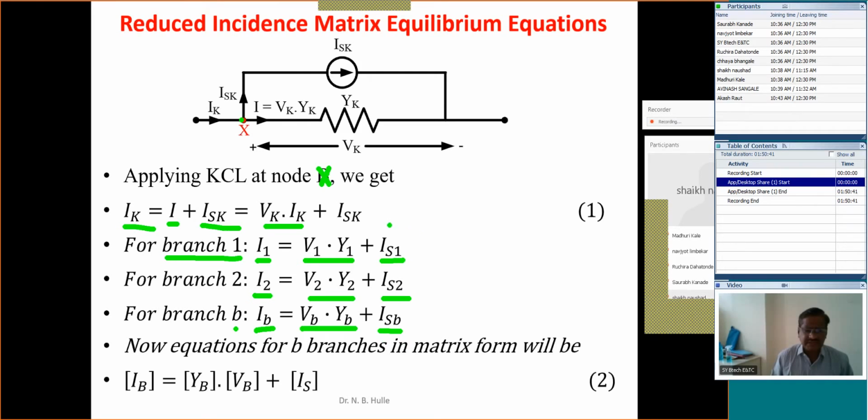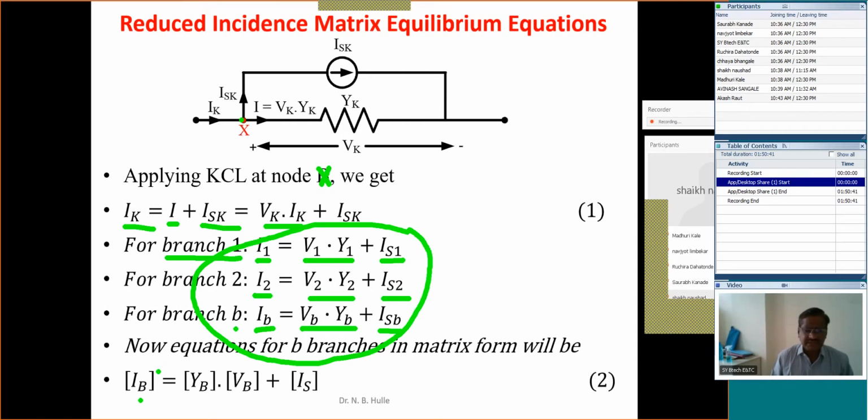And if we organize all these branch equations in matrix form, arranging I1, I2, I3 up to IB, this is the branch current matrix, which is IB, a column matrix.